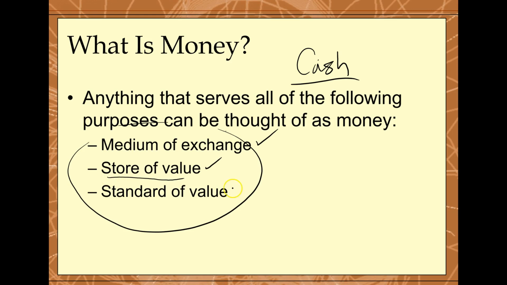Now, in terms of standard of value, I don't see too many things priced in Bitcoin. So you can see how right now Bitcoin is really just an asset that people invest in, hoping that they could sell it for more money later on. And it's really not satisfying the proper definition of money.